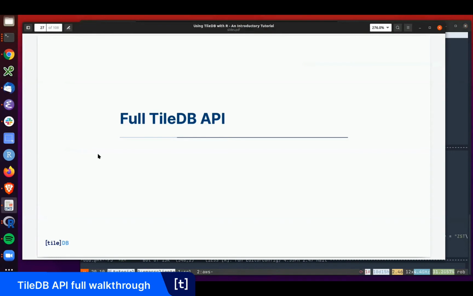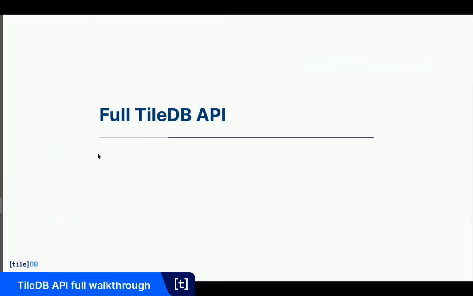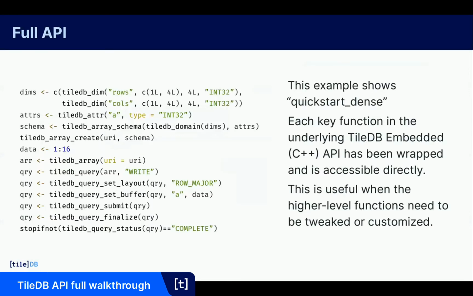We really think of TileDB as a unifying API implemented at the C++ layer for the different applications, languages, implementations that can consume it. So what matters to us a lot is that the underlying API functions are present in the different accessor packages.